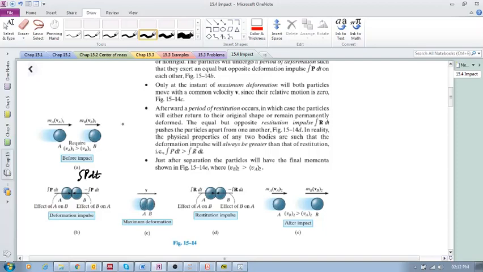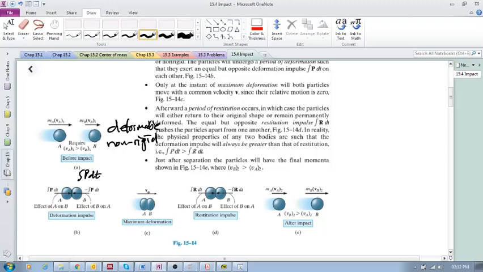Remember these particles are deformable, non-rigid. They can be compressed, they can be stretched. So they come at each other, they impact, they compress, and they apply equal and opposite impulses. Then they have maximum compression, maximum deformation, and at this point they've got the same velocity.